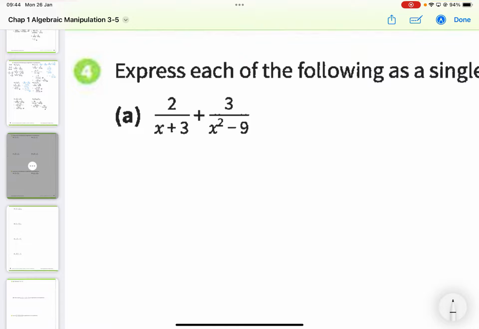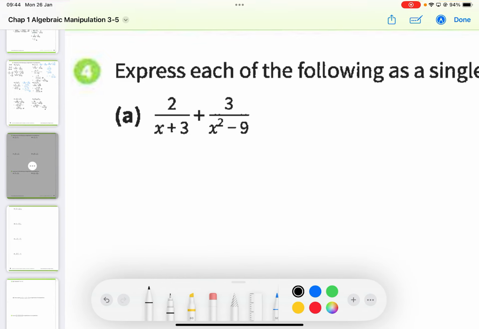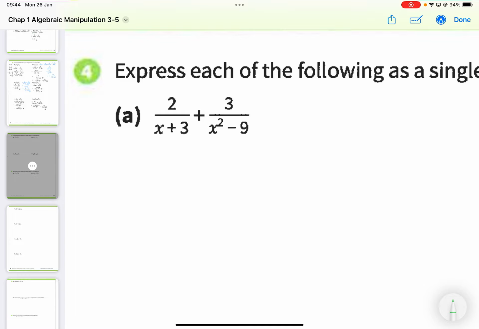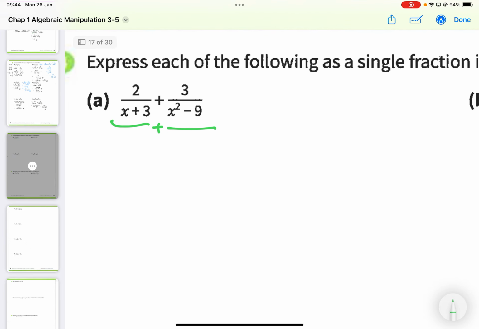You must have the same idea in mind. I am adding two fractions. When I'm adding fractions, I want a common denominator. Once I can make a common denominator, I can add them together. Okay? Then, the whole of question 4, they want you to make use of a special identity.